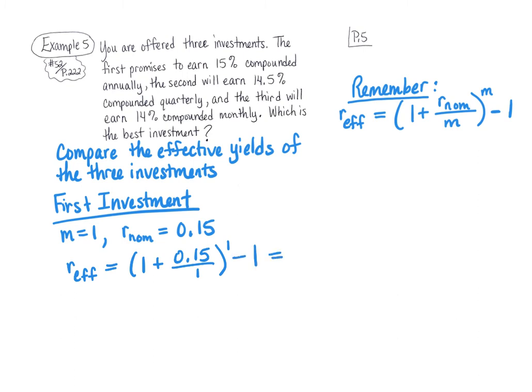Well, you can drop the parentheses, they're not needed. So 1 plus 0.15 minus 1. Your 1's cancel, and you're left with 0.15, which means you have 15%. It has an effective yield of 15%.